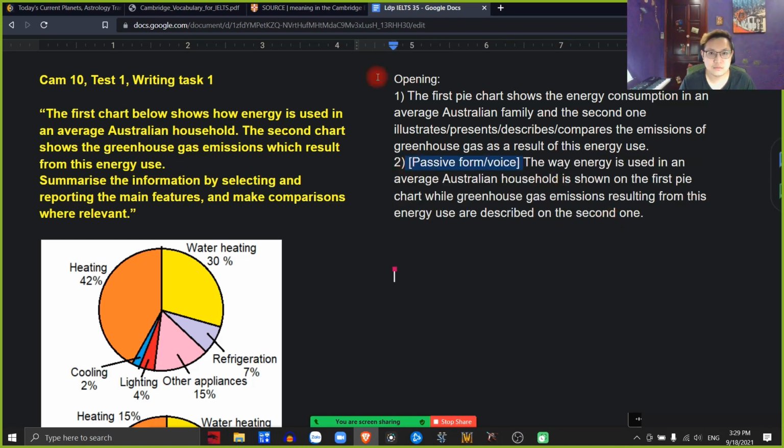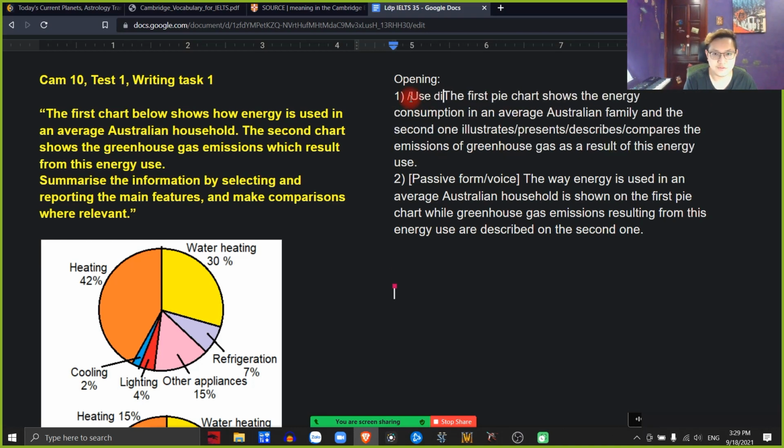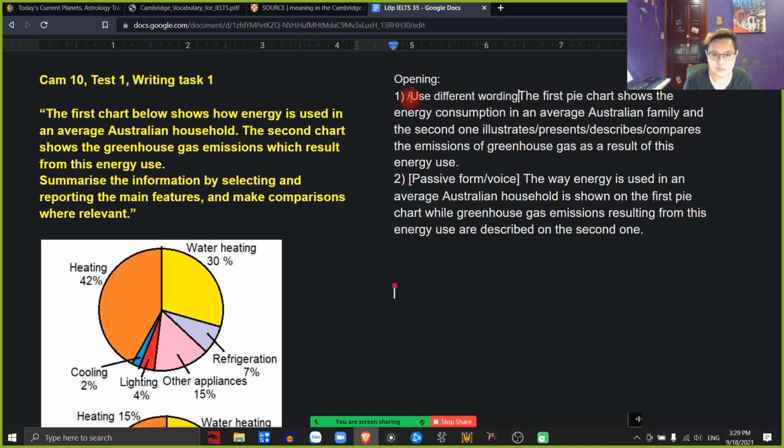And this one, okay, passive form, this one, use different wording. Sử dụng những cái từ ngữ khác, use different wording.